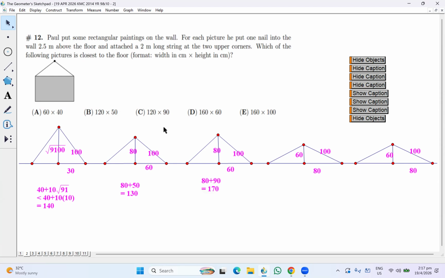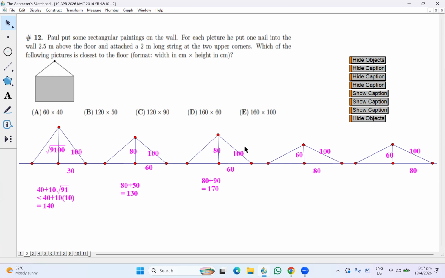Then here the longer side is 120, so again 60. Again 6, 8, 10, so 80. The narrower side is 90 and vertical. So 80 plus 90, 170.